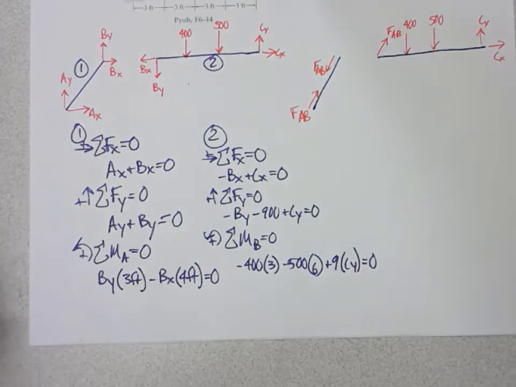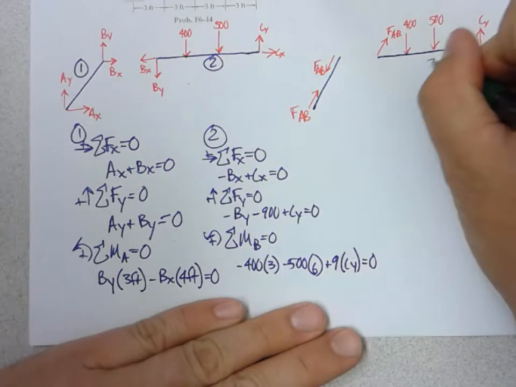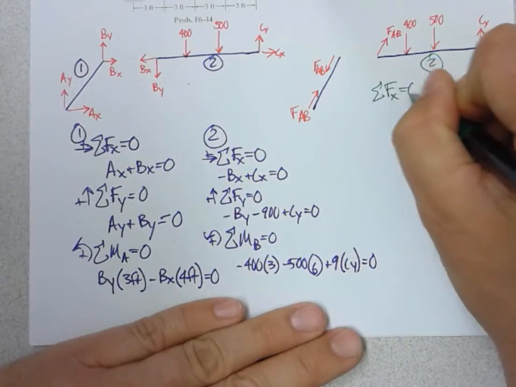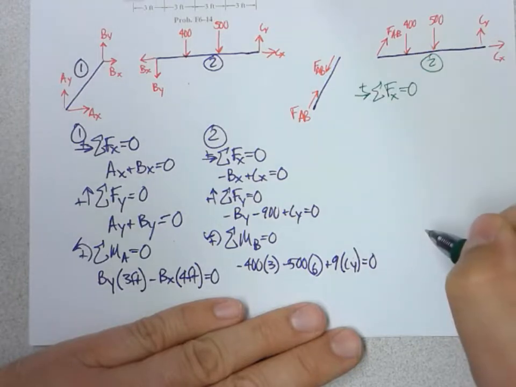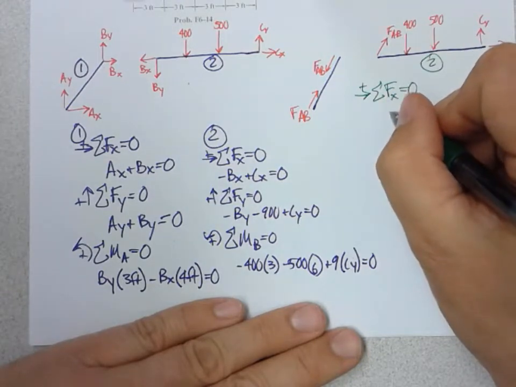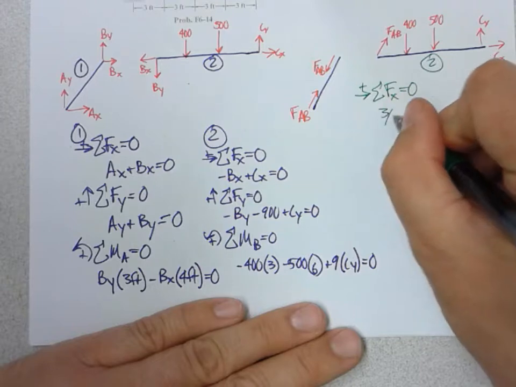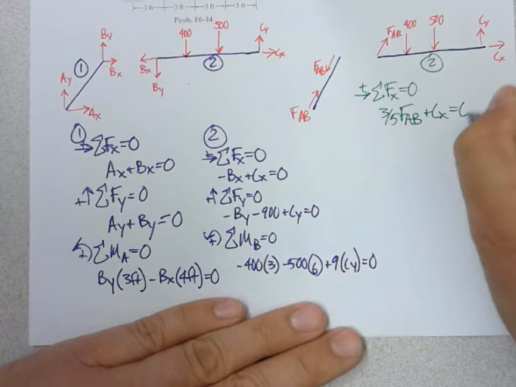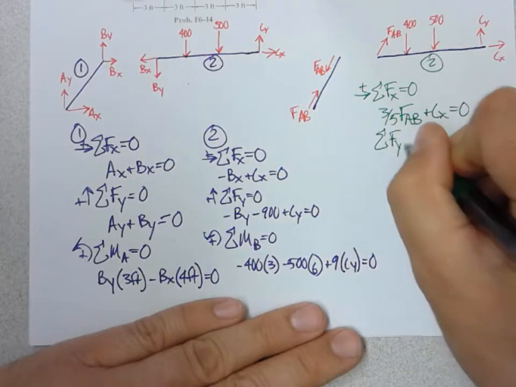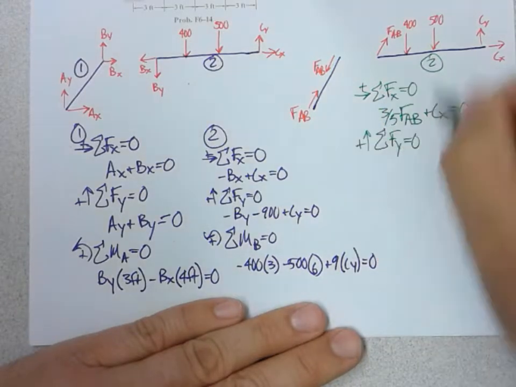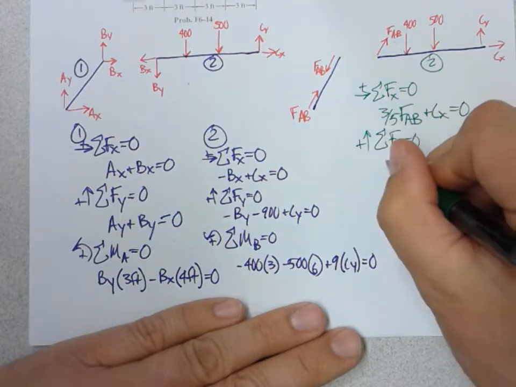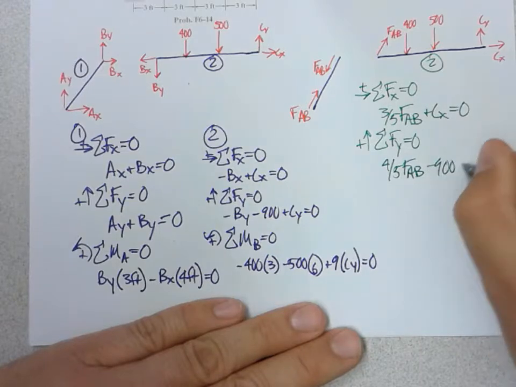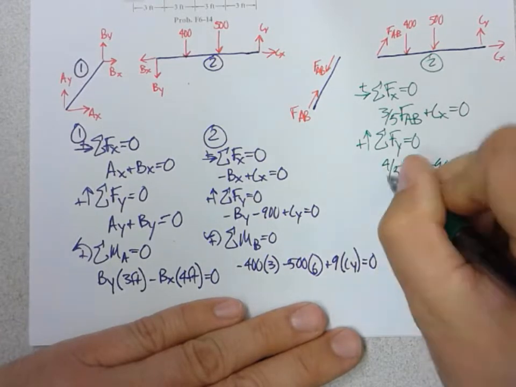Let's go over here now, and if instead I just looked at member 2 over here, I can sum the forces in the x, setting it to 0. So I'll have, let's see, 3/5 FAB plus CX equals 0. I'll have in the y direction 4/5 FAB minus 900 plus CY equals 0.